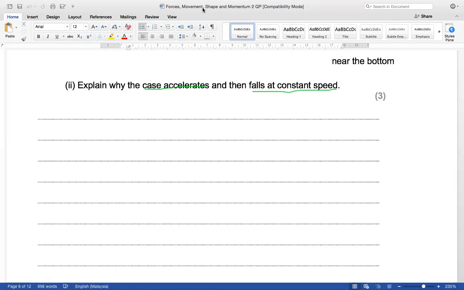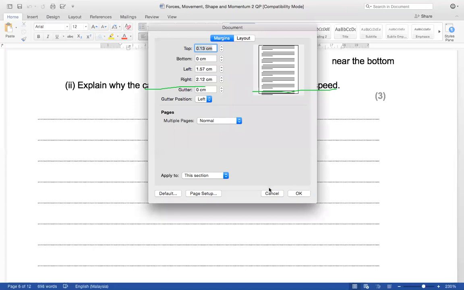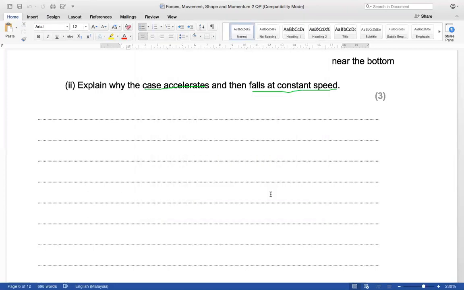Okay, then you continue by saying the forces start getting balanced at the bottom.